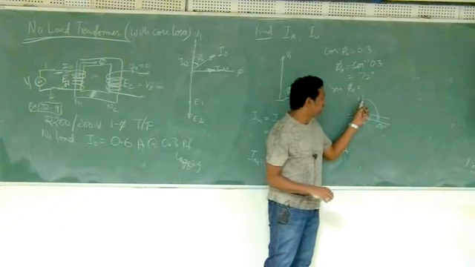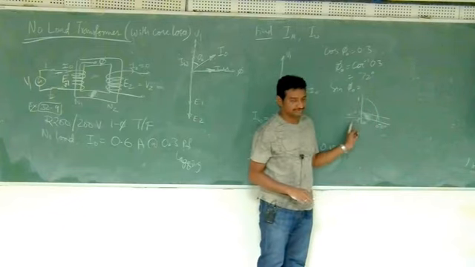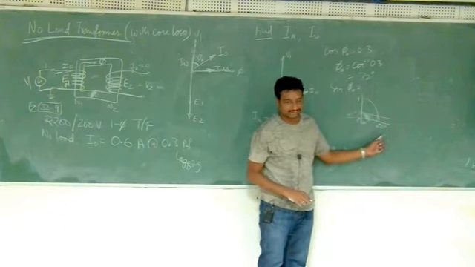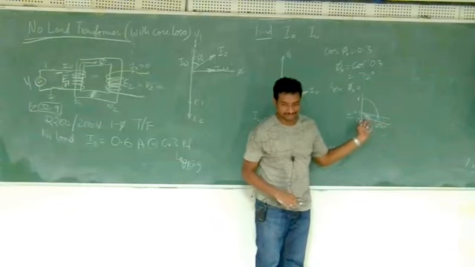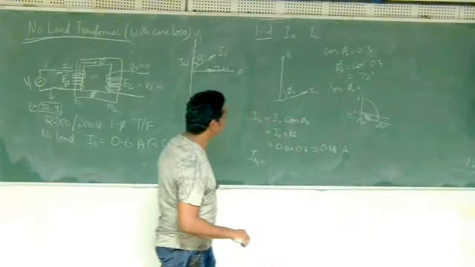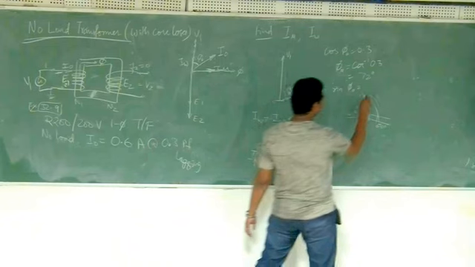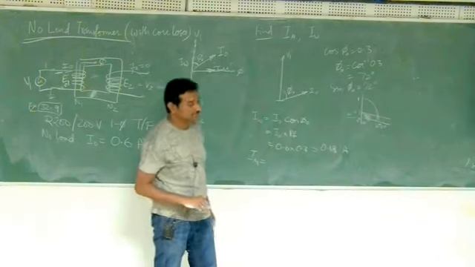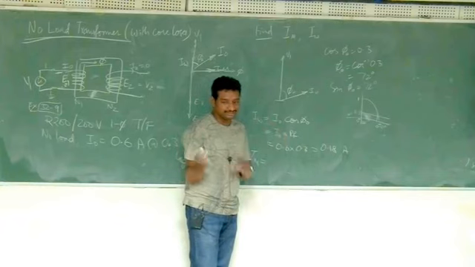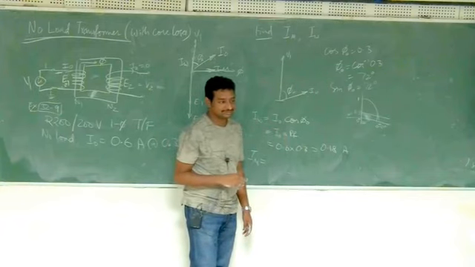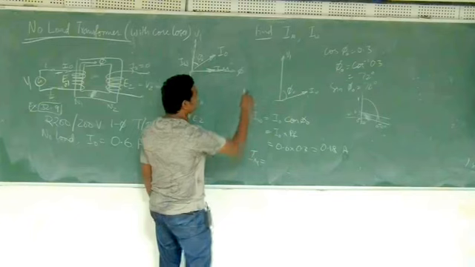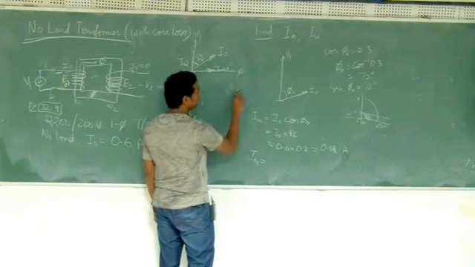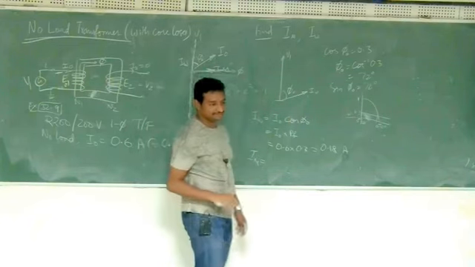Cos 0 is 1, so slowly it reduces. Cos 90 is 0. I am just drawing the cos. And then what is sine 72 degrees? See, if you know cos of some angle, how do you find the sine of that angle immediately? You know that sine square theta plus cos square theta equals 1.